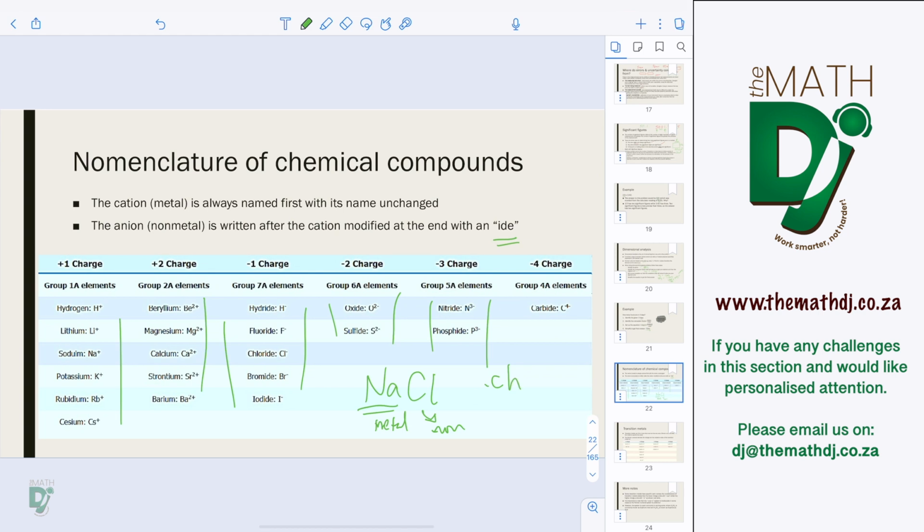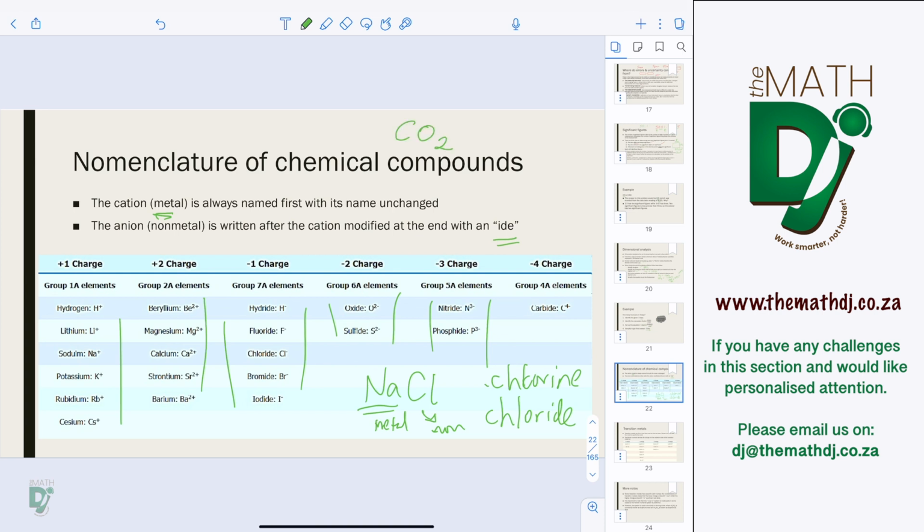So the normal name is chlorine, but we are now naming it chloride. It is the same for oxygen, which becomes oxide, for sulfur, which becomes sulfide, nitrogen, which becomes nitride, and so it goes on. So the metal part is unchanged. Now we have carbon dioxide.